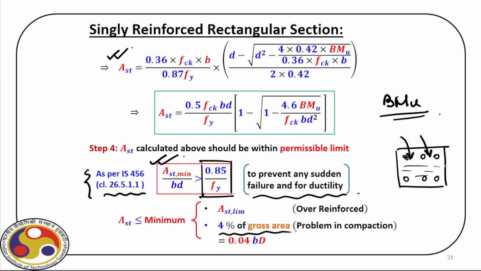If we do not have proper compaction, then there will be honeycomb, and that will lead to lower strength of concrete, which is not desirable, and that's the reason the maximum amount of steel that you can provide is 4%. So with this limit, if you design, it will satisfy all the code clauses, and you can get a section which will offer sufficient strength against your applied bending moment.